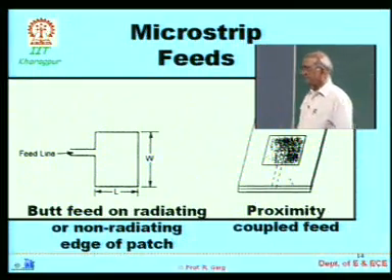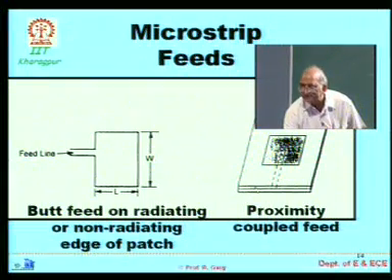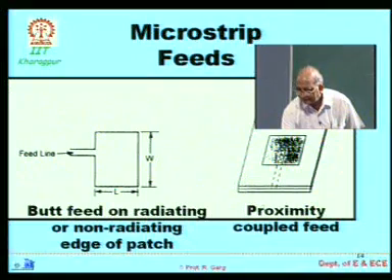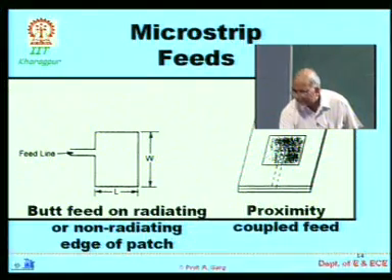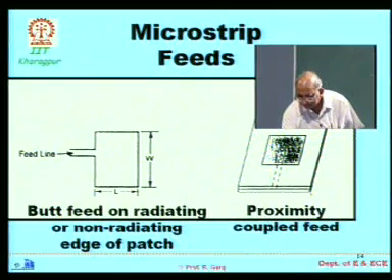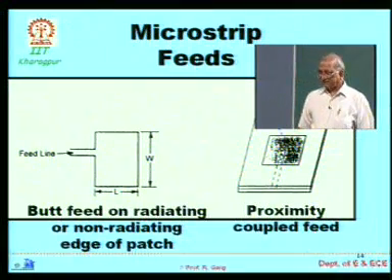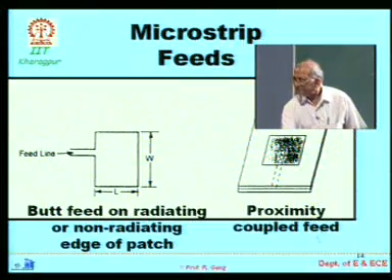That is, you use two substrates, and in between the first and second substrate you have a microstrip. Here will be the ground plane, then there will be a microstrip feed line, and then on the top you have the patch metallization. This is called a proximity coupled feed.